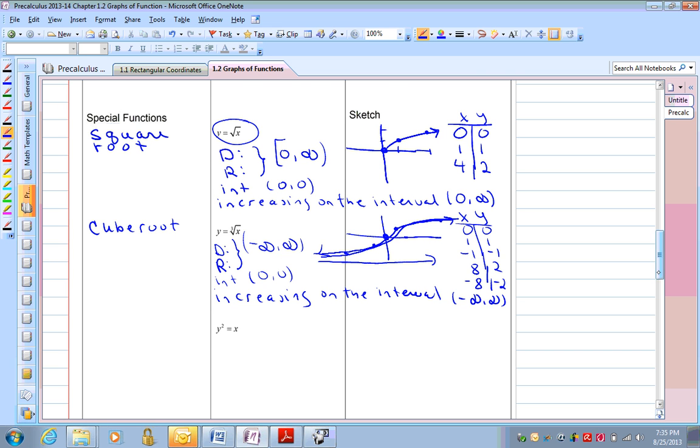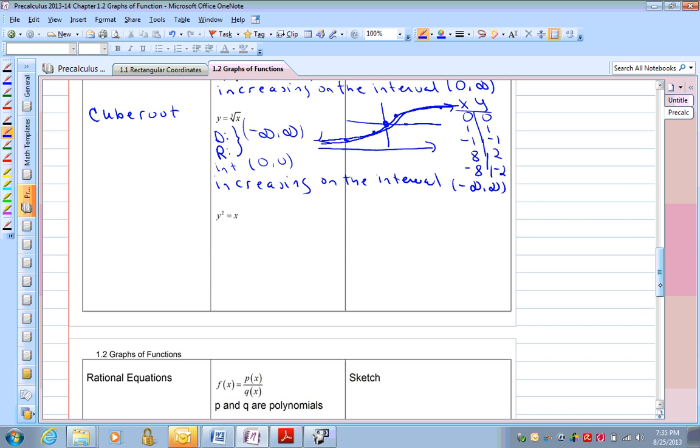All right, let's move down just a little bit more, and let's take a look at y squared equals x. We're used to seeing y equals x squared, but this is y squared. Well, first of all, let's just take a little look at what our t-table would yield. I'm going to go ahead and plug into y because it's a little easier for me to do, so be really careful with that.